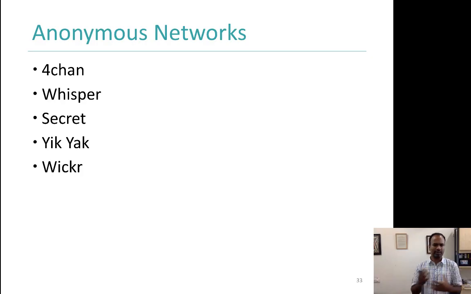We'll go into detail about what an anonymous network is with some examples, and I will also show you some research done on how anonymous networks behave compared to normal networks like Facebook or Twitter. Some examples of anonymous networks: 4chan, Whisper, Secret, Wickr. These are different types of anonymous social networks. There are many such networks available; here is only a small list.